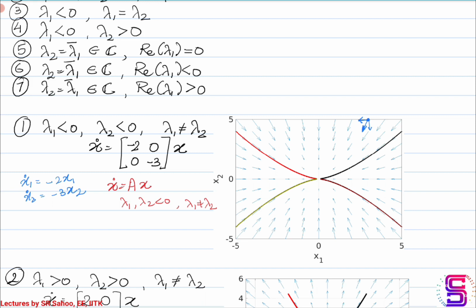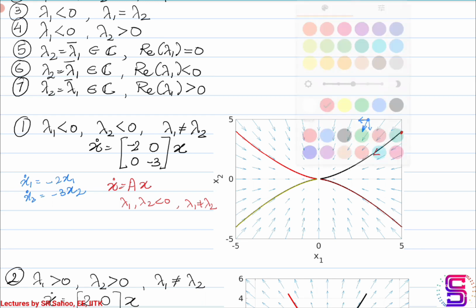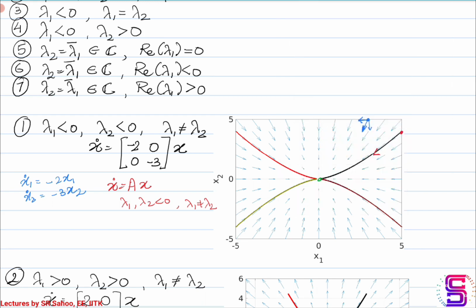Here, if you see the black curve, the initial condition is this, and if you see the vectors along which it is evolving, it is moving towards the origin, which is the equilibrium point in this case.